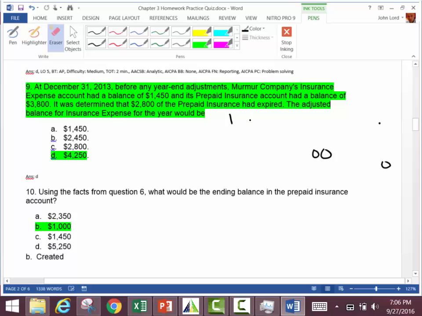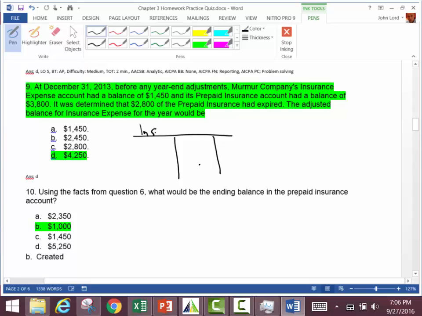Okay. So using the same facts from question 6. Oh, you're doing number 9. I don't know why I said question 6 anyway. It still doesn't make sense. But anyway, you're doing number 9 now? And so what are we asking for? The insurance expense?